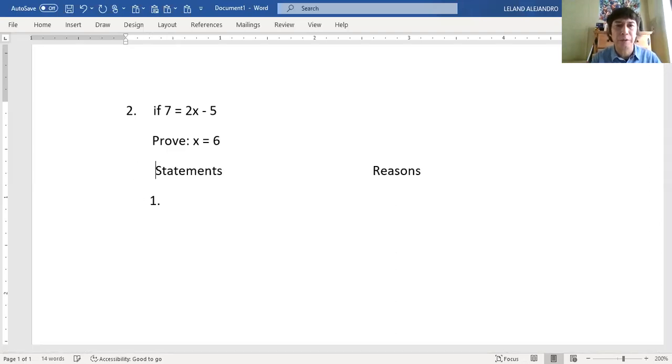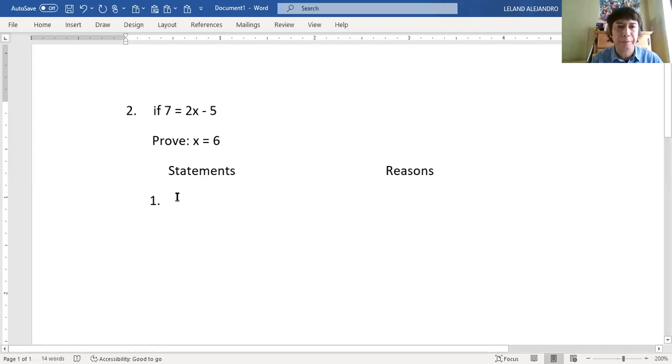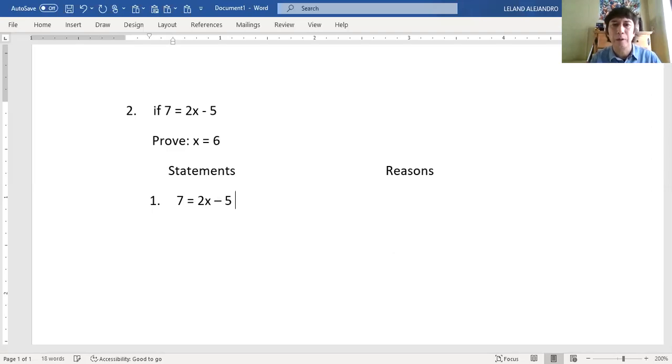All right, let me just do a little adjustment there. Okay, here's our given. If 7 equals 2x minus 5, prove x equals 6. Now, the given is 7 equals 2x minus 5. There. Now, the reason for the first statement is just a given data. So it will just be written this way.